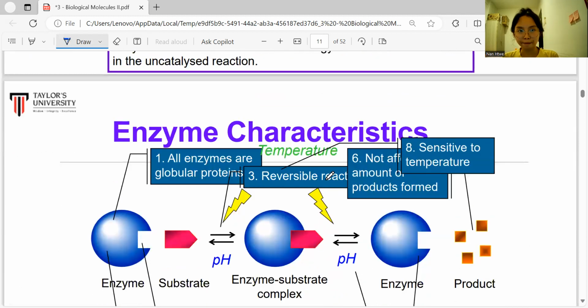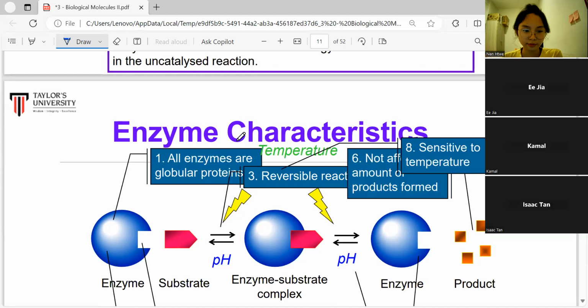So let's see. I want to ask you a question. Enzyme is made up of proteins, right? And protein has 4 different levels: primary, secondary, tertiary, and quaternary. So what level is an enzyme? Is it primary or secondary? Secondary. Secondary is considered what? Alpha helix and beta pleated sheet, right? Anyone?